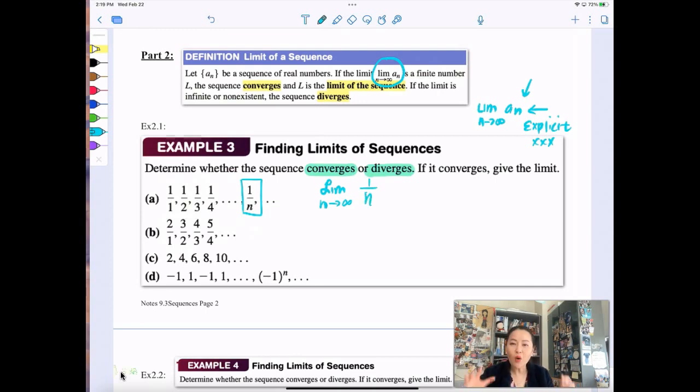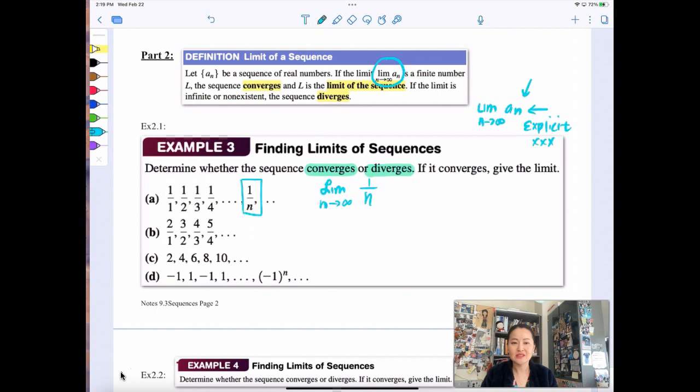Now, this 1 over n, it's going to go on forever and ever, infinitely, right? We're wondering, what is it going to? What is it reaching? Is it reaching anything? So I want you to imagine this. I have one pizza. I want to share with 5 people. Think about my slice. Not bad, okay? I have one pizza. That same pizza, I have to now share with 100 people.